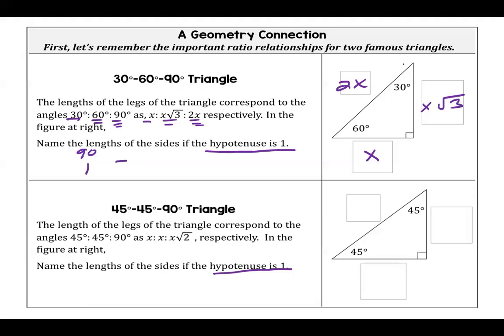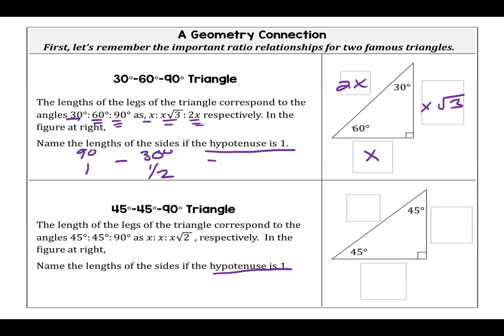So if your hypotenuse equals 1, that means that x has to be 1/2, and x is across from 30. So across from 30, you have 1/2.